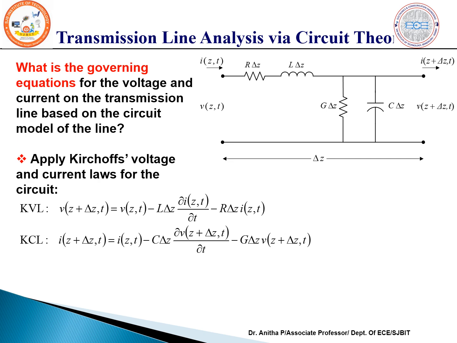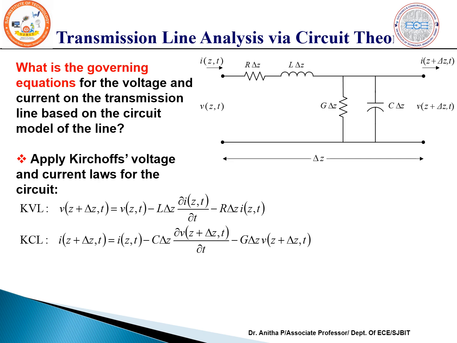The current flowing through this is considered as I of Z comma T. So consider the drop developed across the resistor and inductor. The drop developed across the resistor will be V equals I into R, so I of Z comma T into R into delta Z. Similarly, the drop developed across the inductor will be V equals L di by dt.